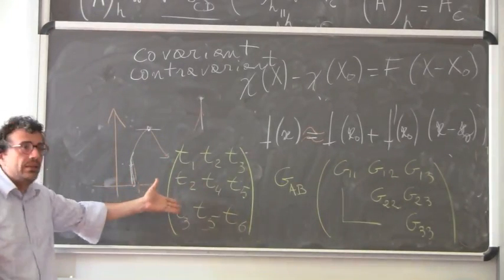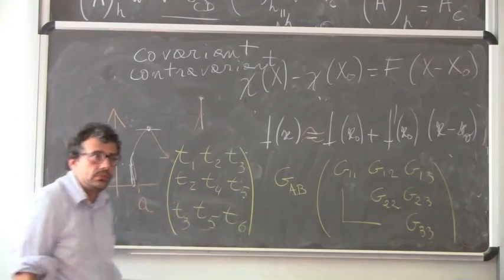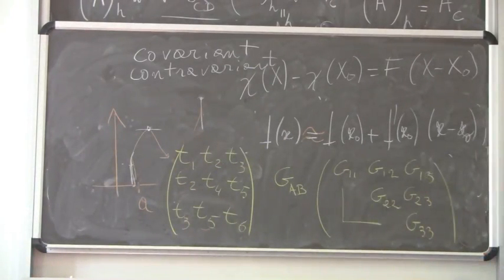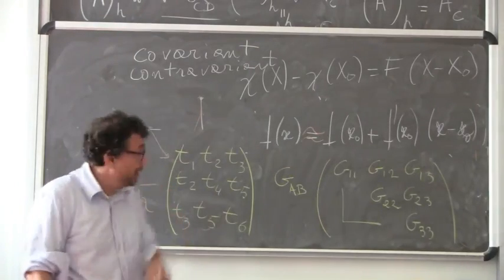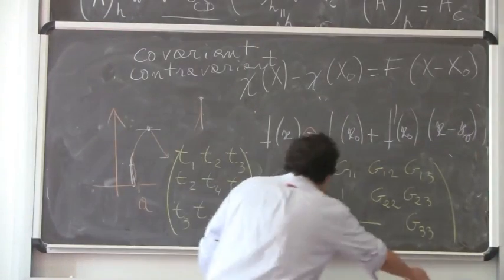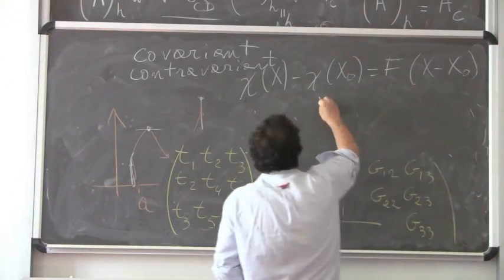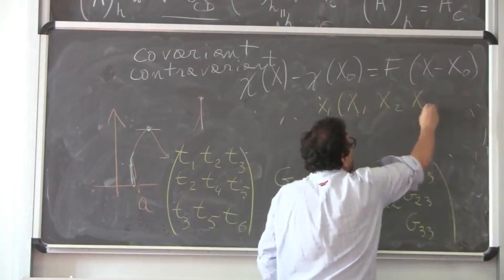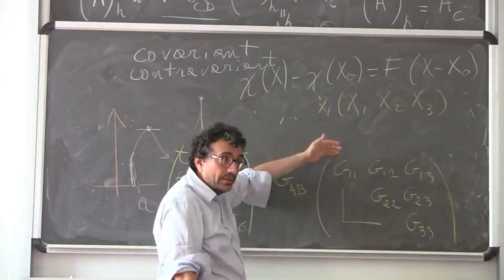You lose completely the structure of your tensor if you write this way. And your calculations become a nightmare. We wrote X capital 1, X capital 2, X capital 3, and x1, x2 and x3.